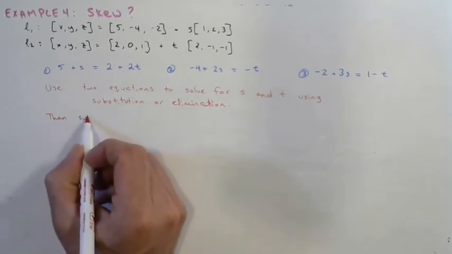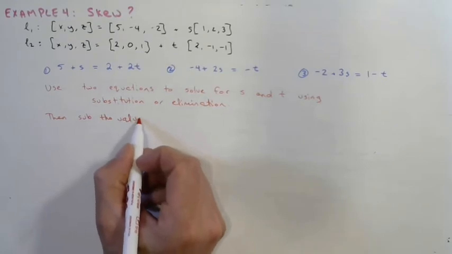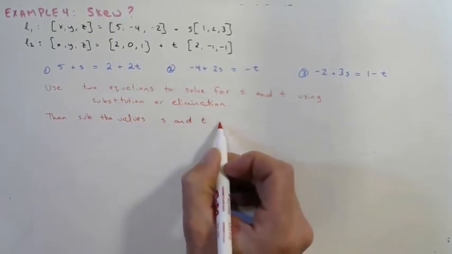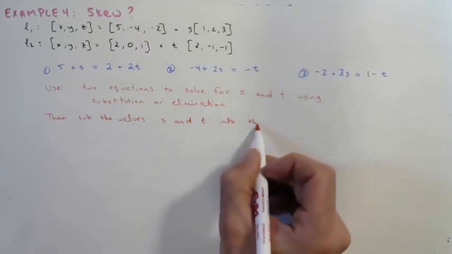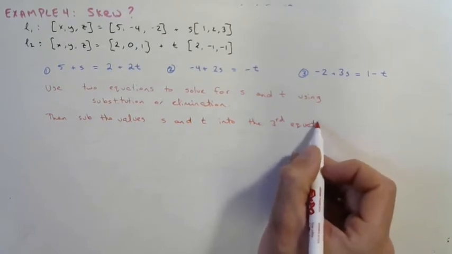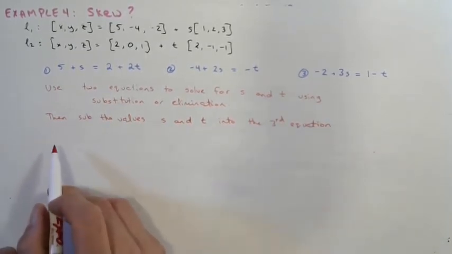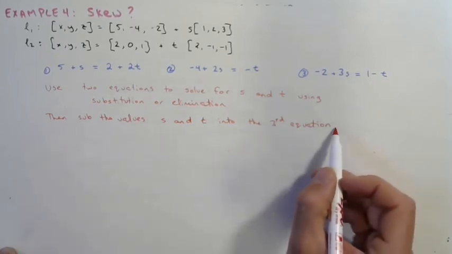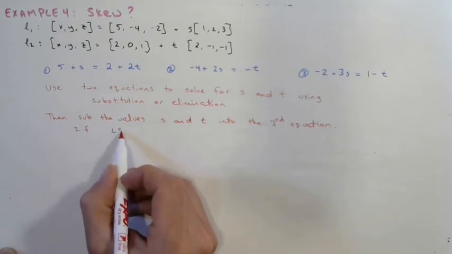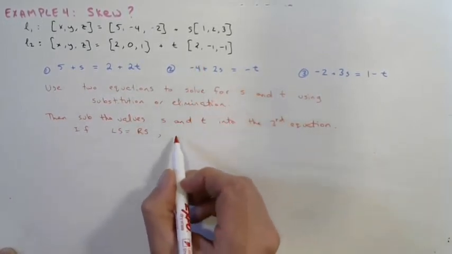Then sub the values s and t into the third equation, which is just the leftover one. Whichever of the two that you've already used, use the other one. Sub the values of s and t into the third equation. If left side equals right side, then they would intersect.